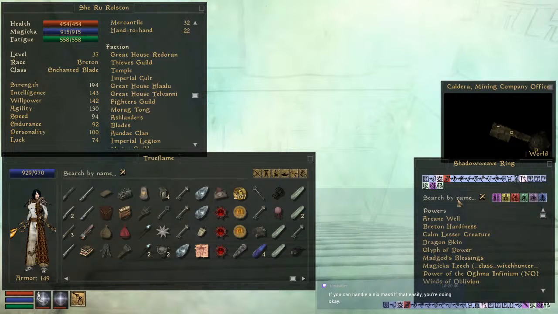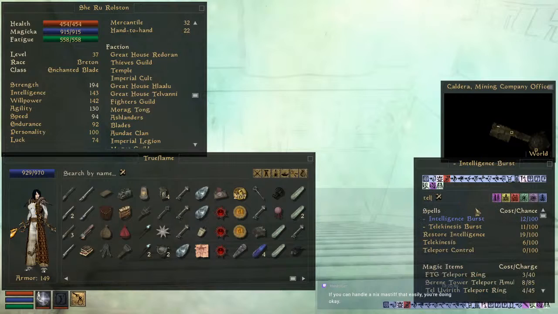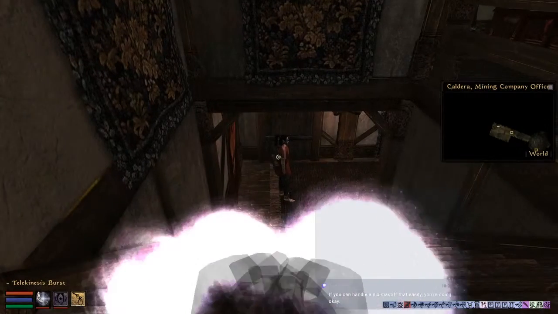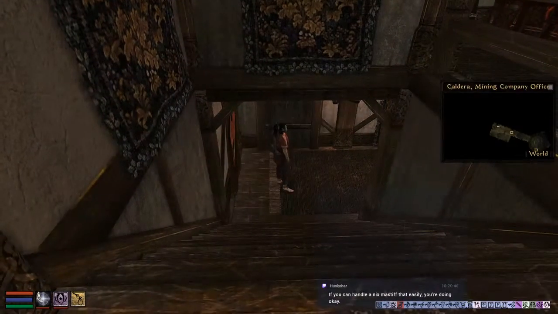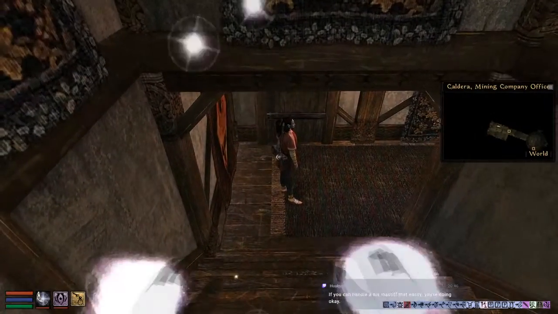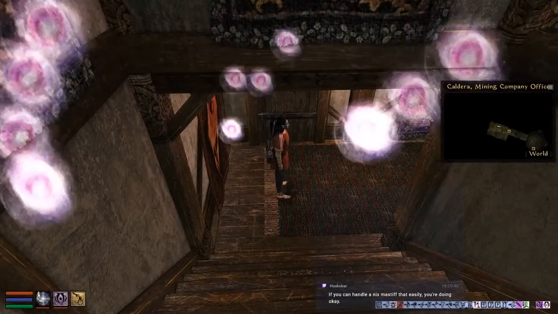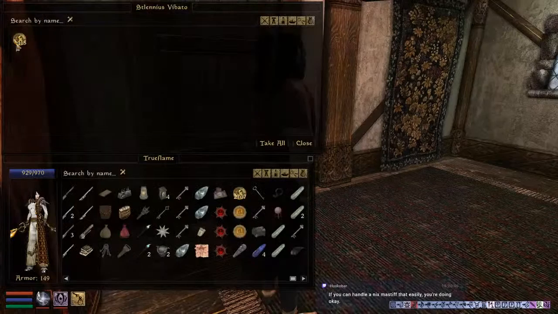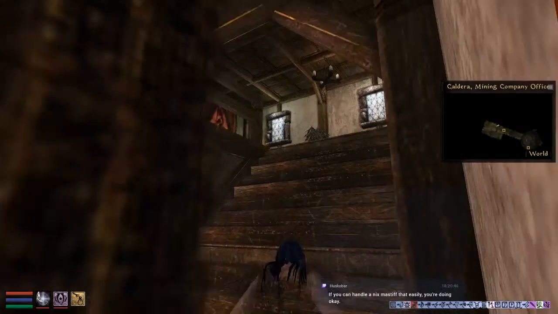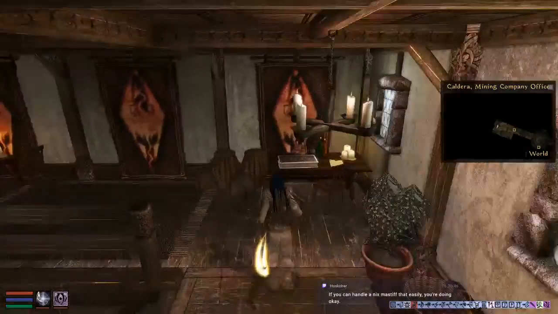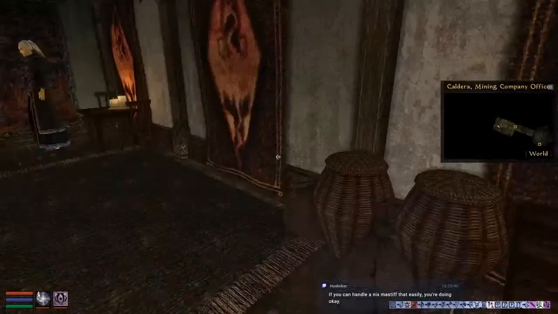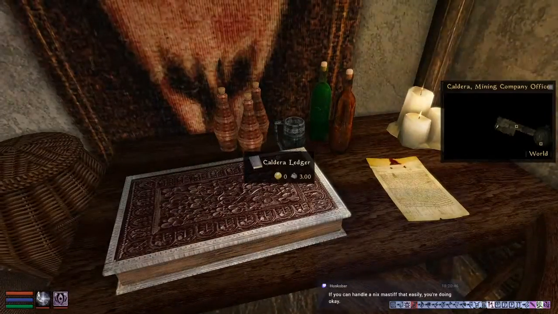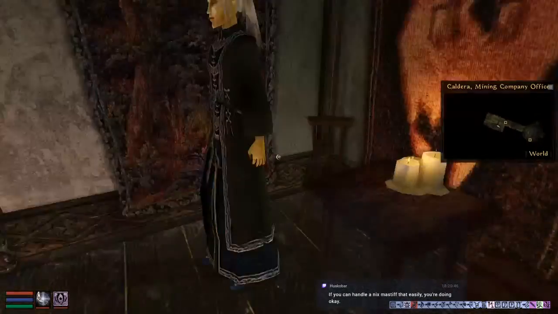I'm not sure I can pickpocket with the telekinesis, but let's try it. Try this. Where could the key be?